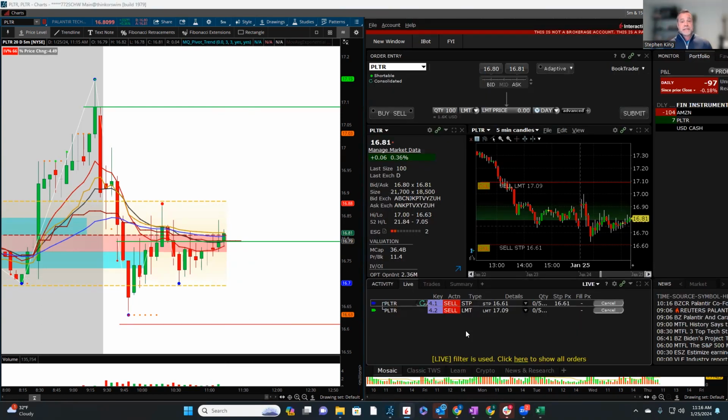So let's introduce a concept that we talked about early on in the class when we talked about support resistance areas and trend lines. So if you look here, here's a pivot low. This is a pivot low. We are making, as I pointed out before, higher lows right now.